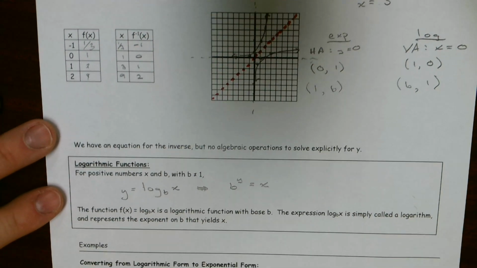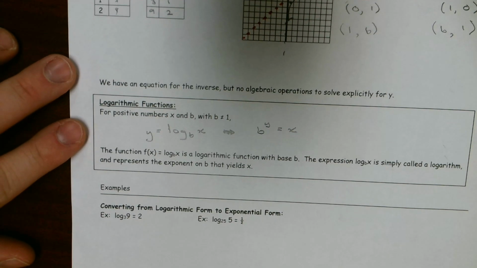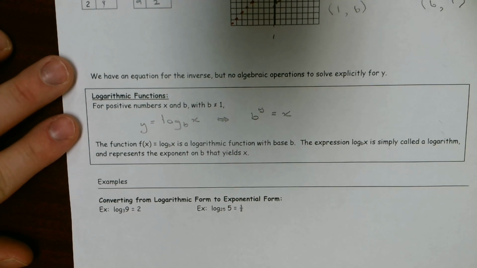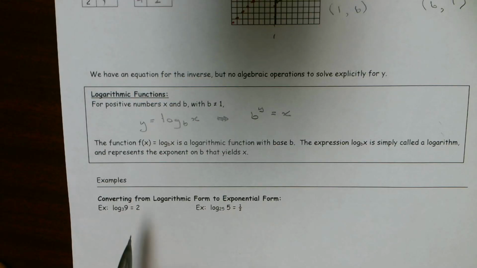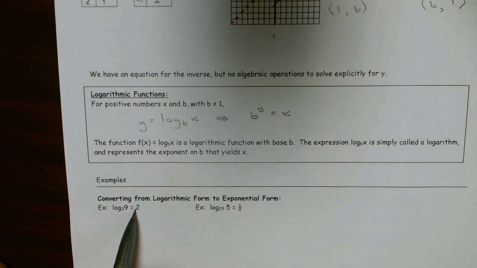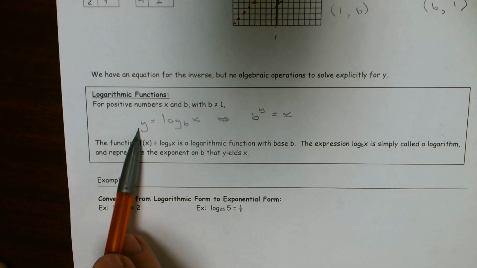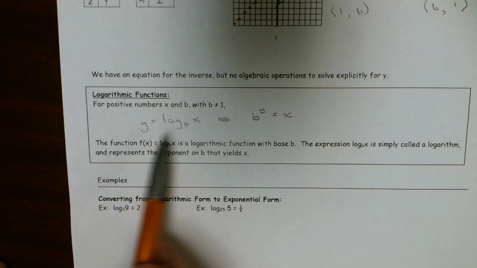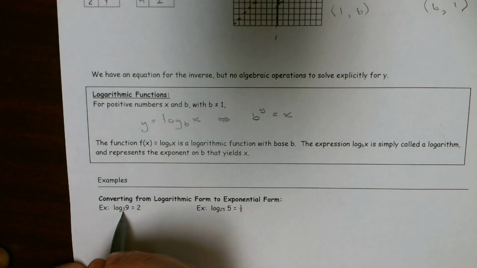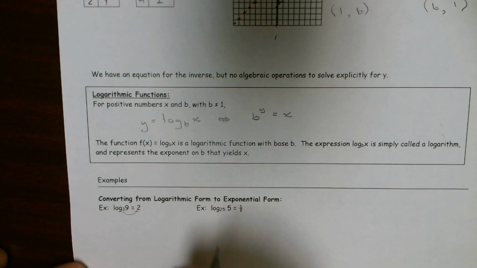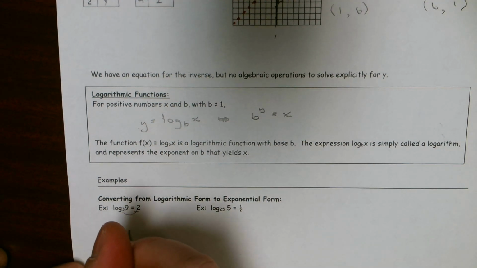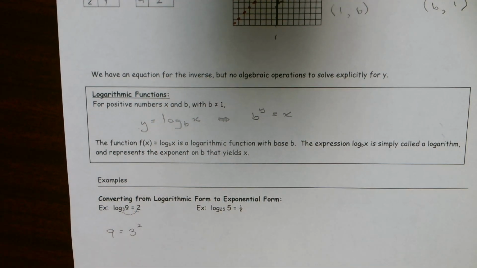So let's go ahead and slide down and take a look at a couple examples of logarithms. Here we have log base 3 of 9 is equal to 2. If we use our definition, we can rewrite that as an exponential. I like to think of it like the 3 goes underneath, boom, and 9 is equal to 3 squared.